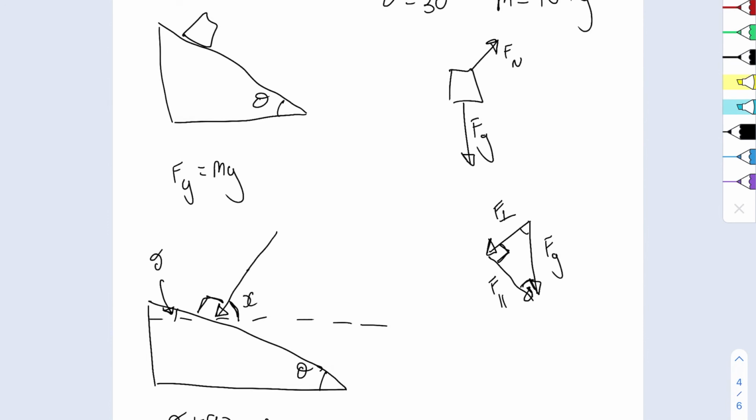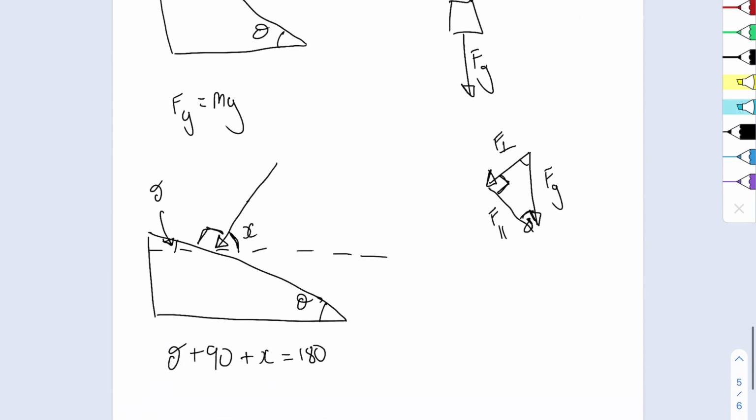So 90 plus x is equal to 180 because this whole thing is a straight line, so that's 180 degrees. And we solve for x, and we get theta is equal to 90 minus x. Since theta is equal to 30, x is equal to 60 degrees.